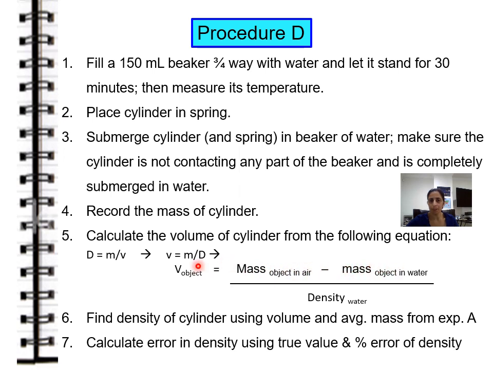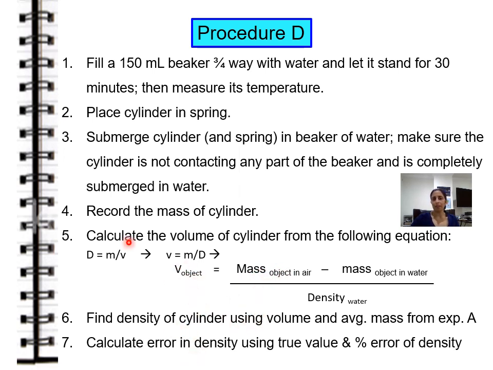That's the buoyant force. Then to find the volume of your object, you just plug it into this equation over here. For the density of the water, you're going to look that up on the table based on the temperature you're given. Then you'll determine the density using the mass in air and the volume that you find here.